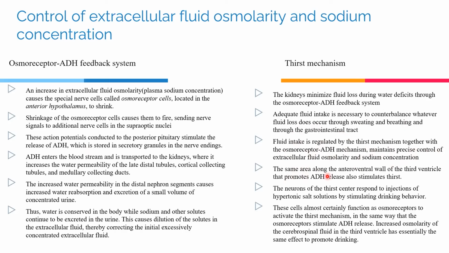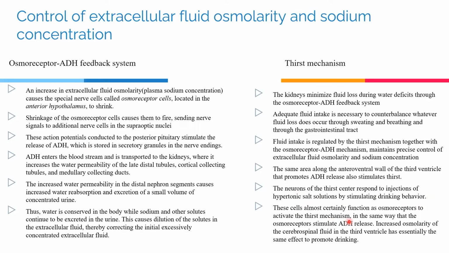The same area along the anteroventral wall of the third ventricle in the brain that promotes ADH release also stimulates thirst. The neurons of the thirst center respond to injections of hypertonic salt solution by stimulating drinking behavior, hence proving that these neurons in the thirst center are responsible for the drinking behavior that is observed.